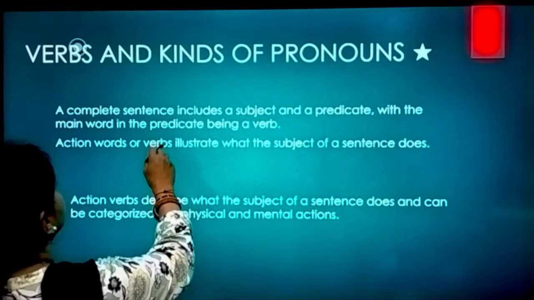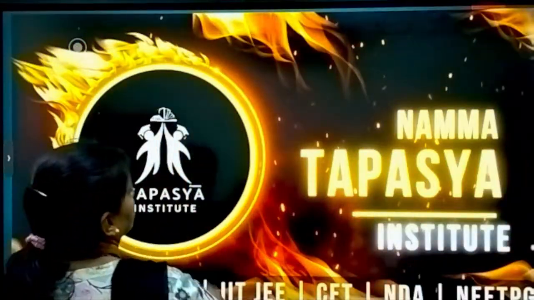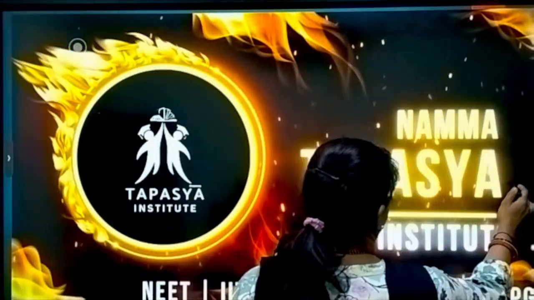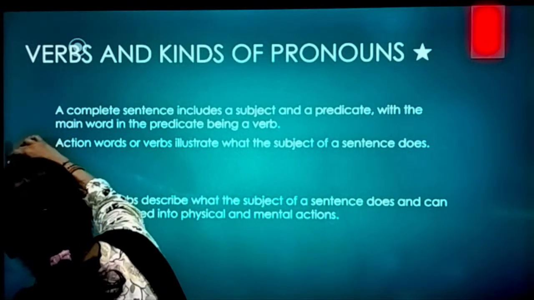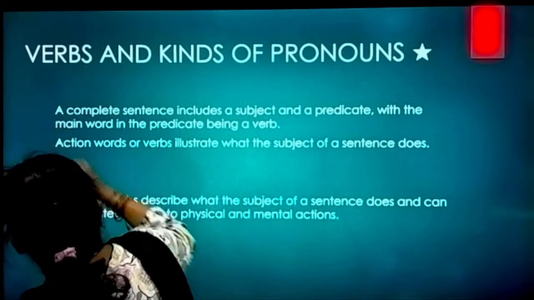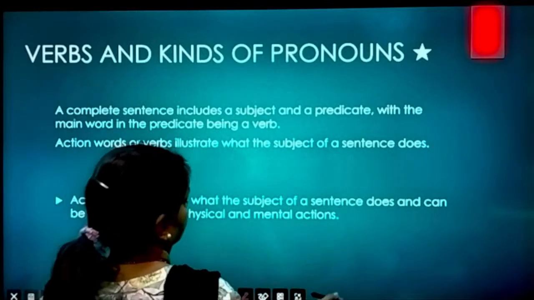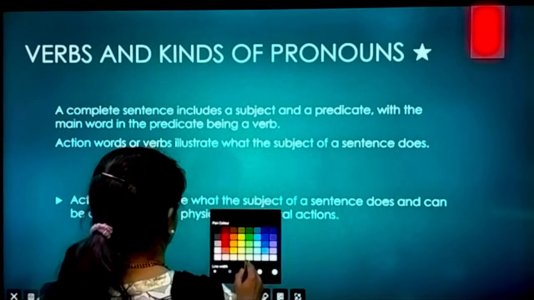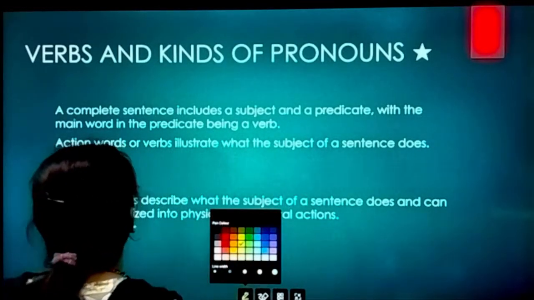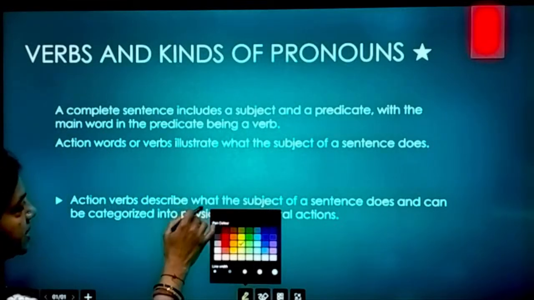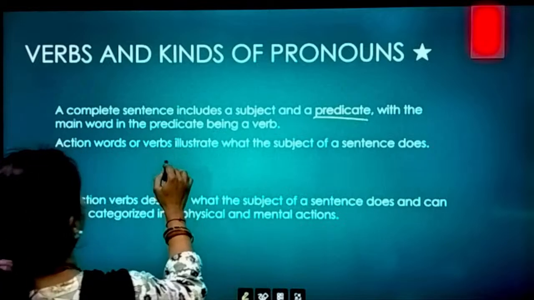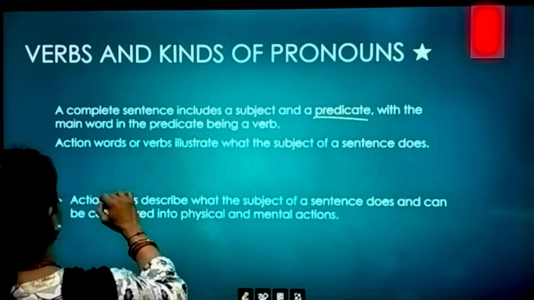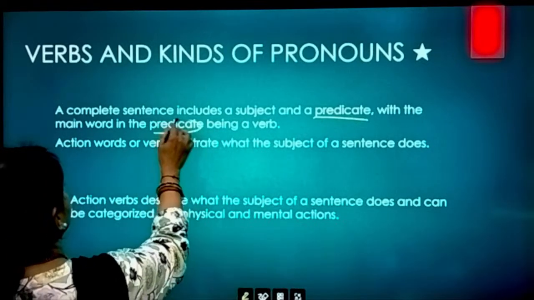A complete sentence includes a subject and a predicate, with the main word in the predicate being the verb.